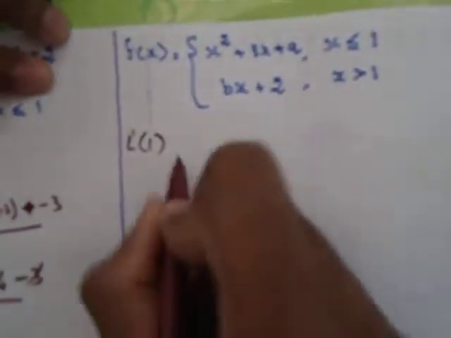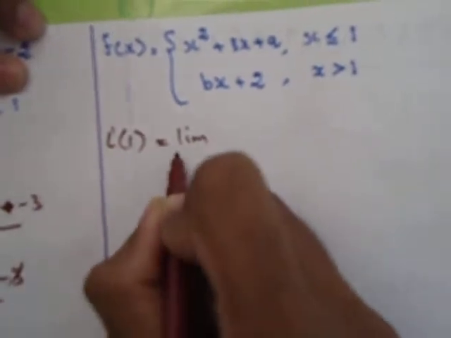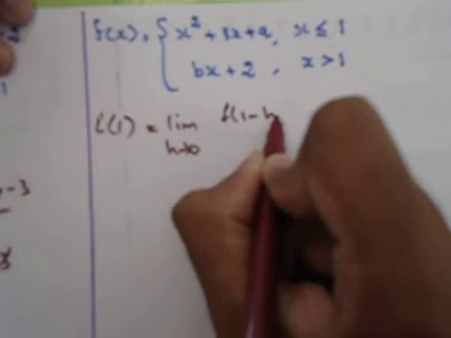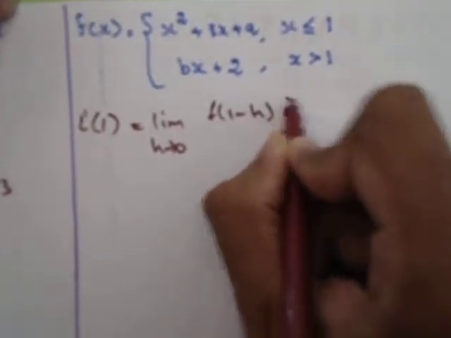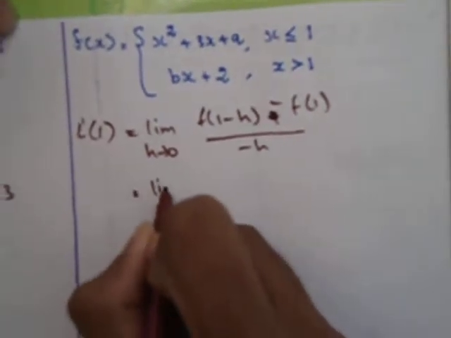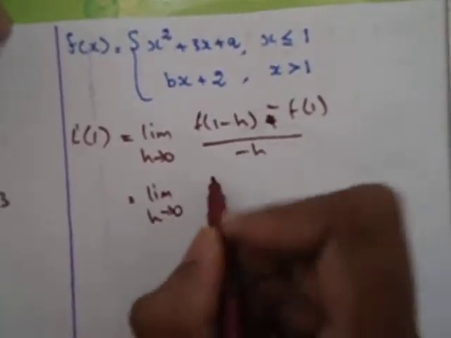So the left derivative at 1 is equal to limit h tends to 0 f of 1 minus h minus f of 1 by minus h, which is equal to limit h tends to 0.